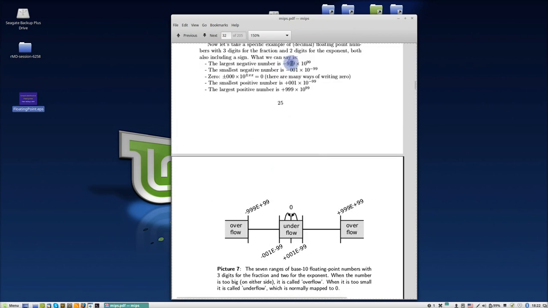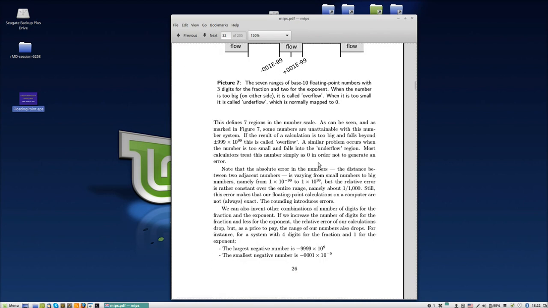The relative error is about 1 in 1,000, because we have plus or minus 1. We call that the digitalization error of the number, the rounding error. It rounds to the nearest integer, and relative to the total number, this will be 1 divided by 1,000.